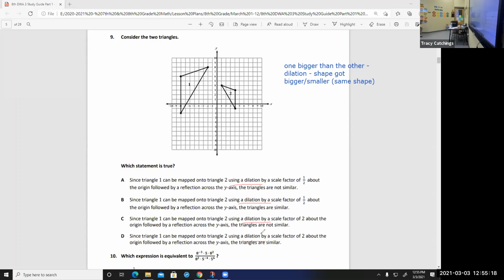Questions mention dilation to us. Anytime you have dilation, they mention the scale factor. So, information about scale factor: if the scale factor is small, the shape got smaller.